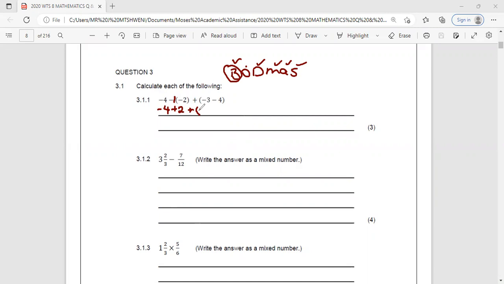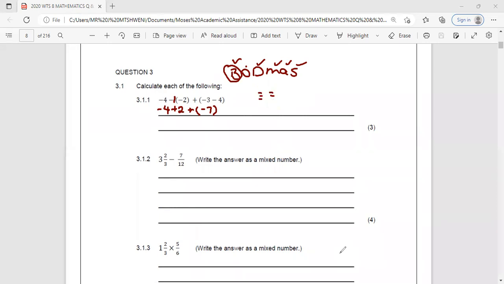Negative and negative give you -7. It doesn't give you a positive. It gives a positive only when you multiply. There are 3 negatives: 1, 2, 3. -4 negative: 1, 2, 3, 4. How many are there? 1, 2, 3, 4, 5, 6, 7. In total, there are 7 negatives.